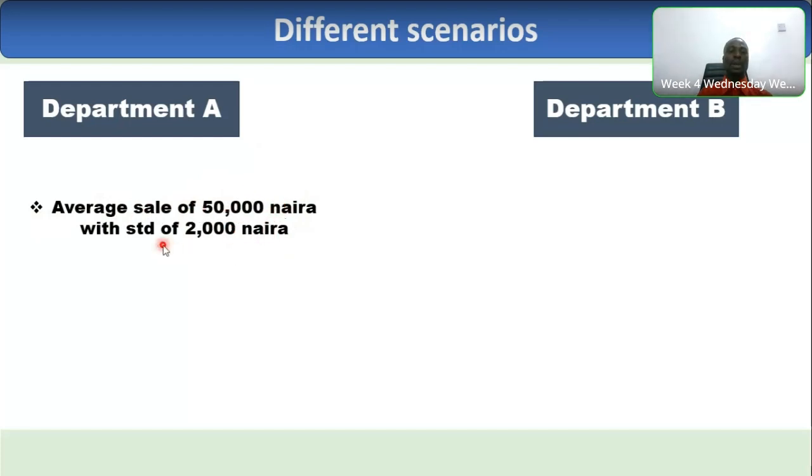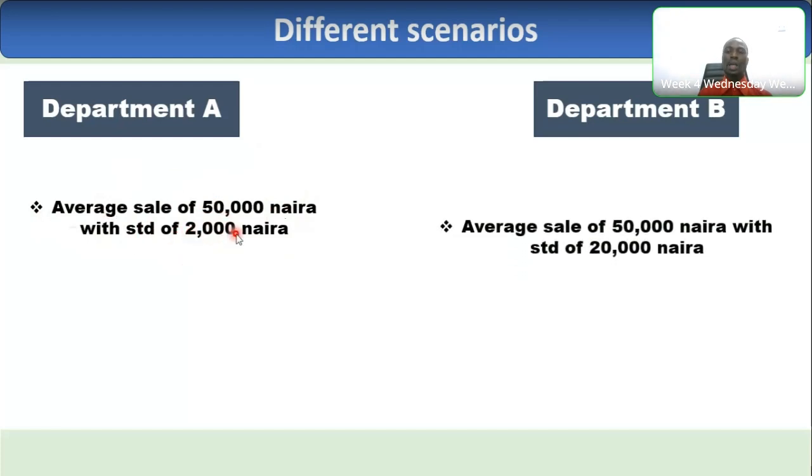But when we calculate the spread, that is the standard deviation, in this population it was 2,000 naira. And then we look at department B. Department B also has the same average sale amount, which is also 50,000 naira.